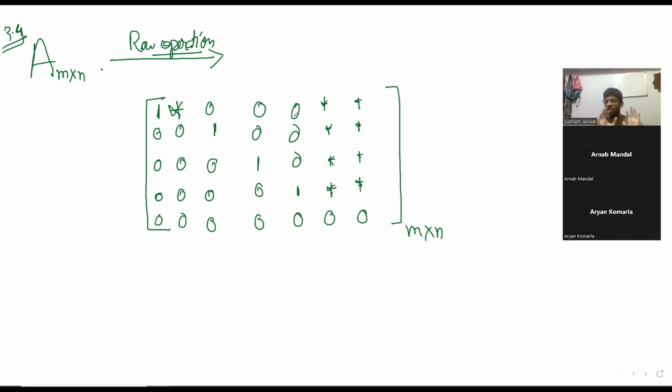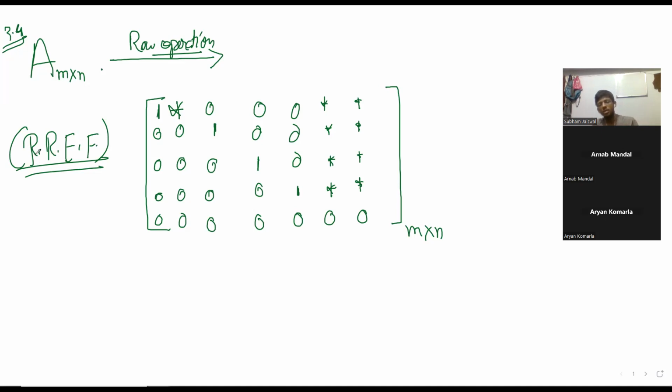This much you can do with only row operations. This is called row reduced echelon form. Please try to write a proof of this or try to read it in Artin or Hoffman and Kunze.